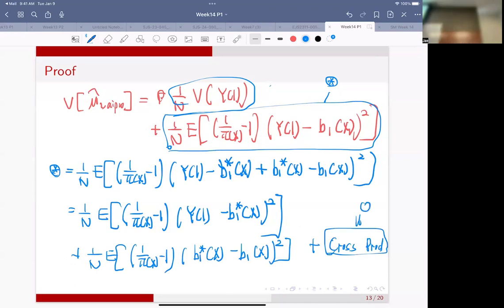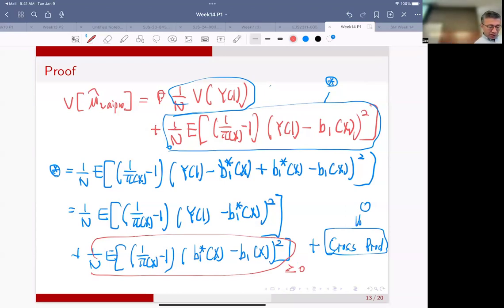So that means this is non-negative, right? And the lower bound is zero. The lower bound is zero when b x is equal to b star x, which is the conditional expectation.